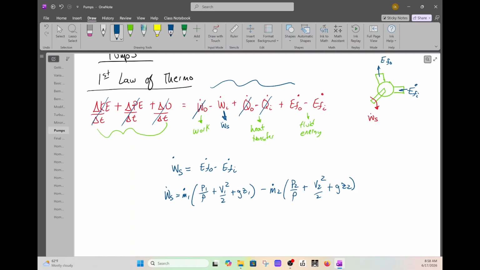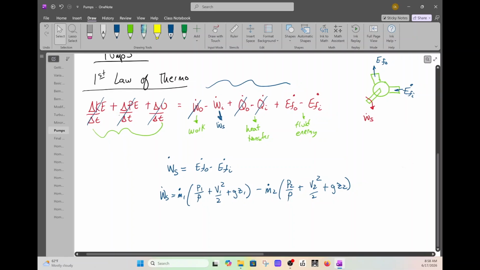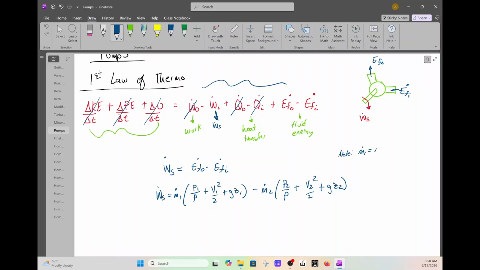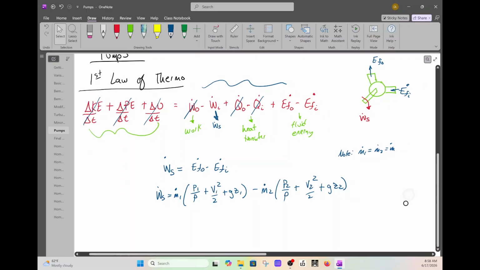But we also know that steady state conservation of mass states that whatever comes in must equal what goes out, flow rate. So M dot 1 will equal M dot 2, and we'll end up, I believe, calling that M dot, okay? Now, we can cancel some things in this particular Bernoulli's equation, okay?